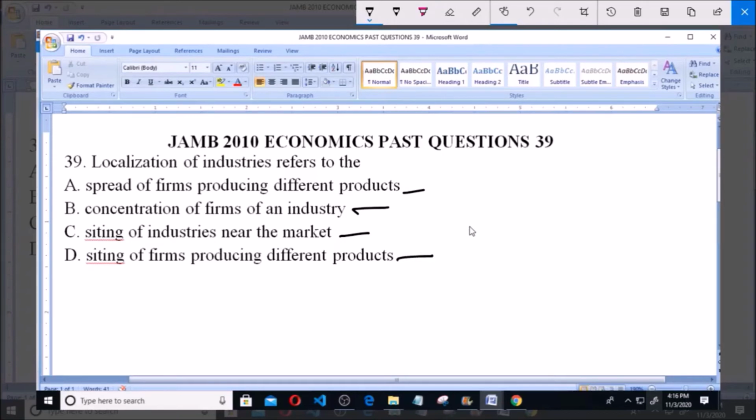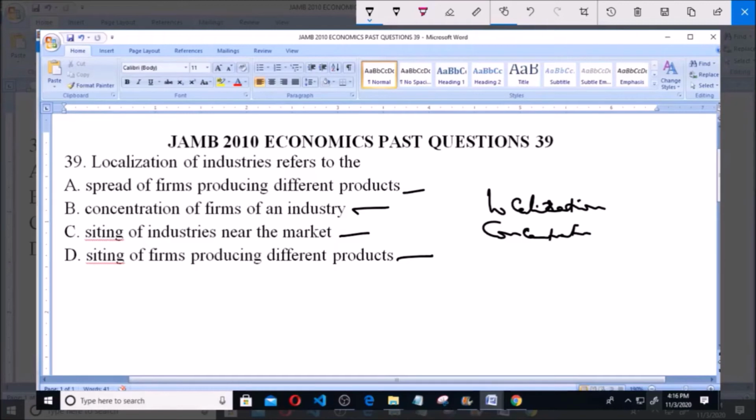If you look at localization of industries, we're talking about concentration of firms or industries producing similar products in an area. Example, we talk about many cement manufacturing firms could be located in the same area because all of them produce similar goods, which is cement.